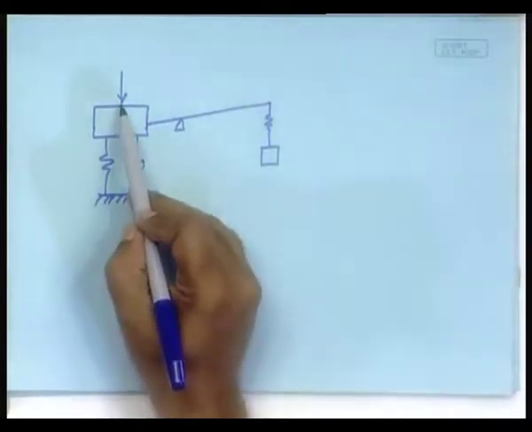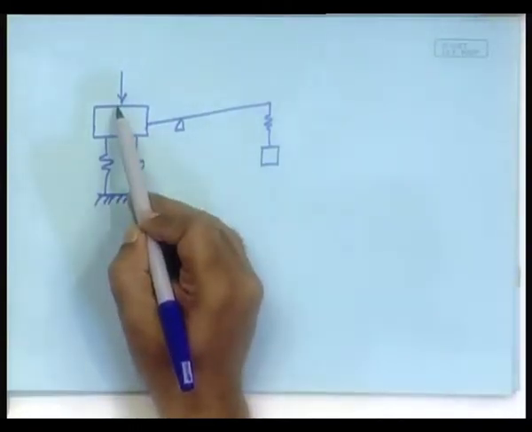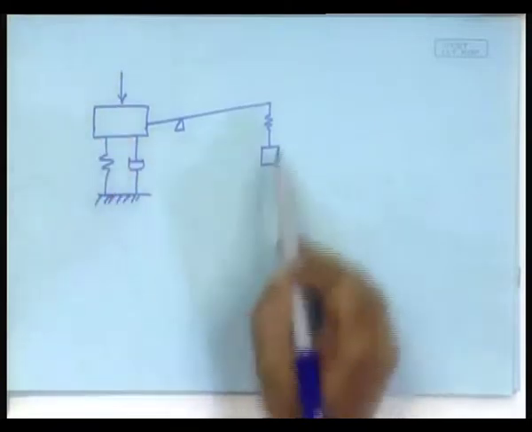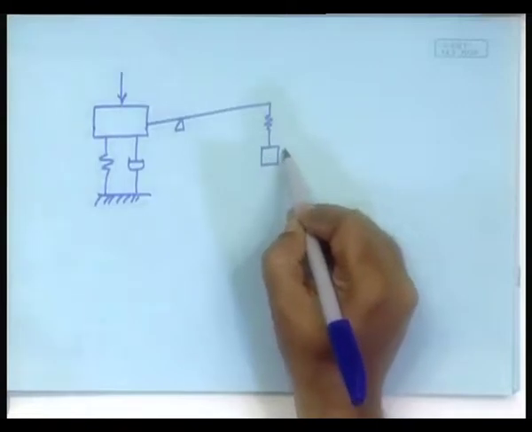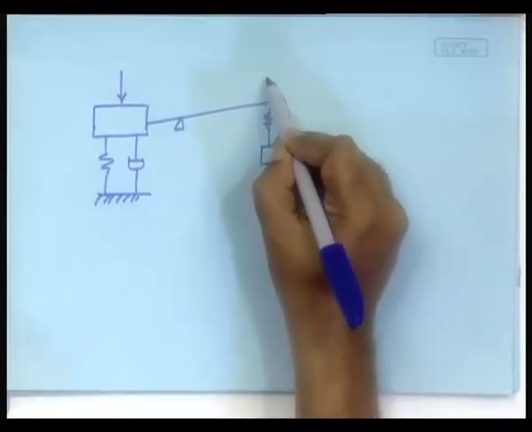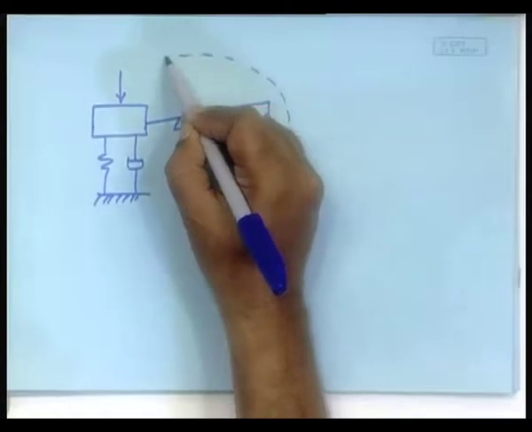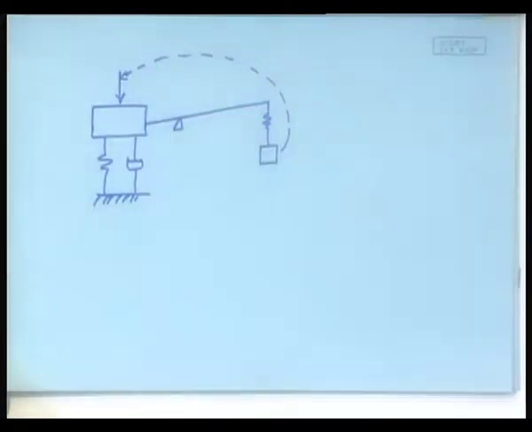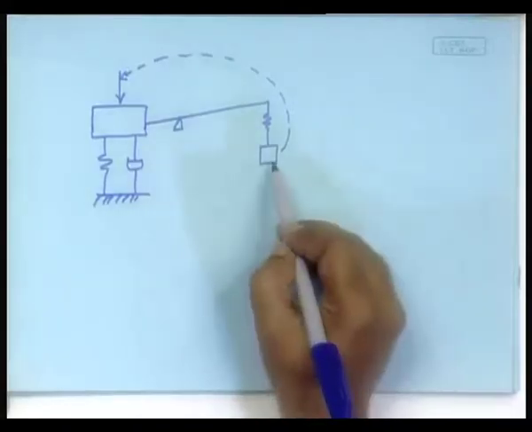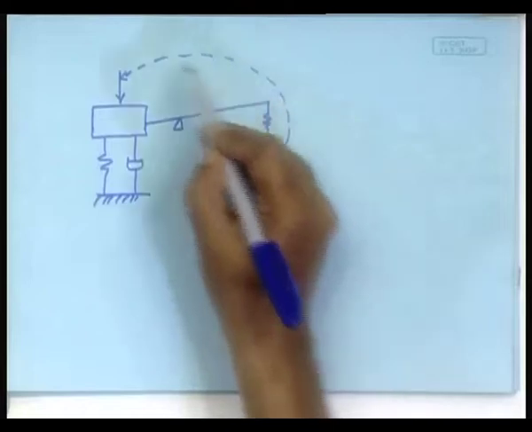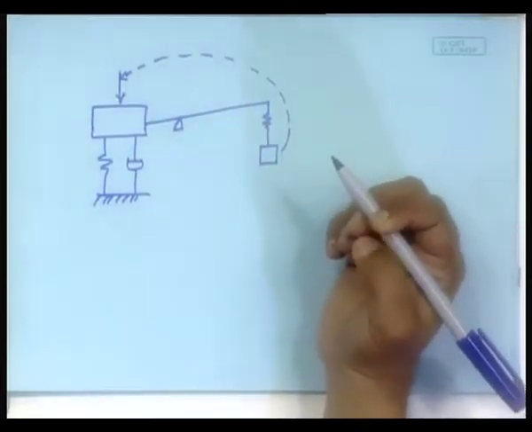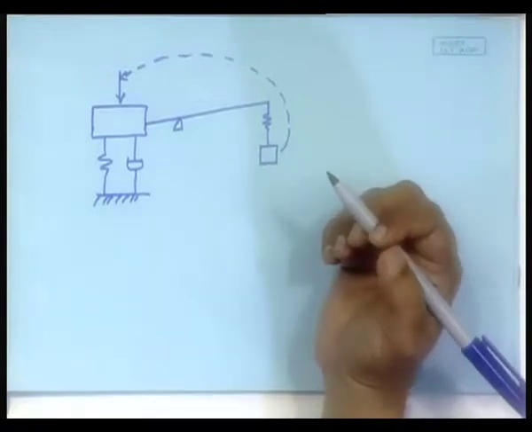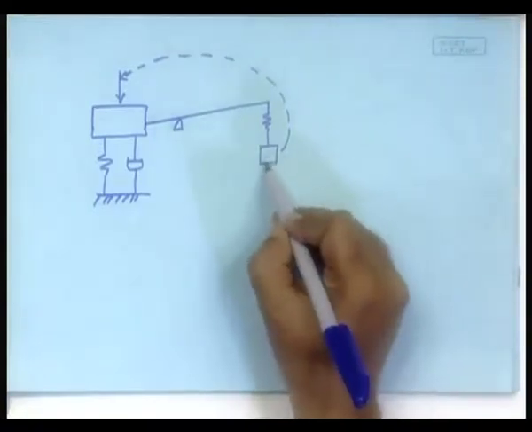Earlier we considered that this is an externally applied independent force, but now imagine that it is a control system, you are observing this particular mass's position, and then you are, I will do that by a dashed line, you are controlling it. Obviously, when you are measuring the position and you are controlling the force, here at this point, what is available?